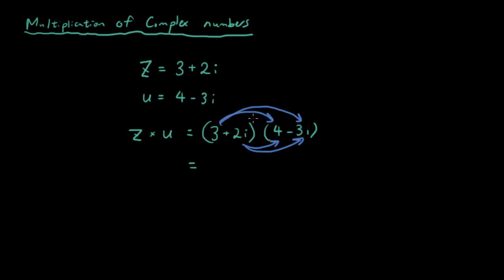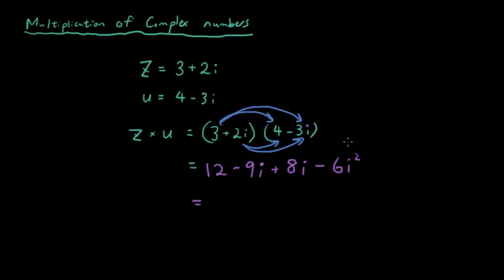So it becomes 3 times 4 is 12, 3 times negative 3 is negative 9i, don't forget the i. 2 times 4 is 8i, and 2 times negative 3 is negative 6, i times i is i squared.